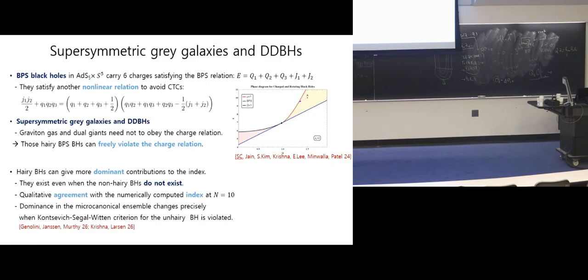They also exclude some solutions using that criterion, but I think there are two different criteria, and I don't know the relation between them. Okay. Is it stable under D3 branes in the cases that you consider? No.